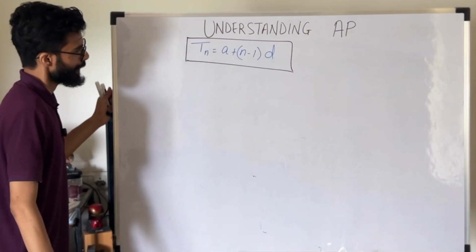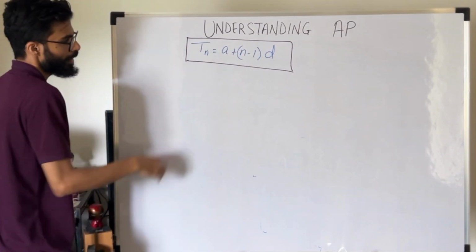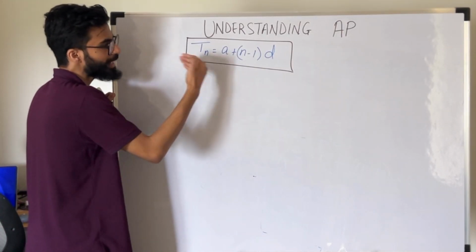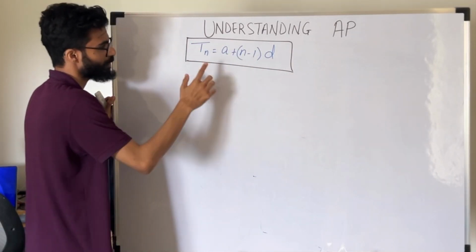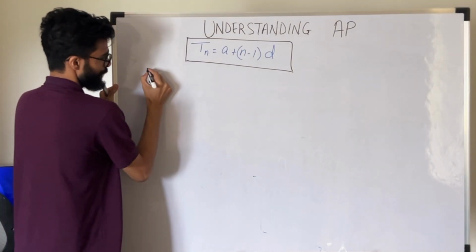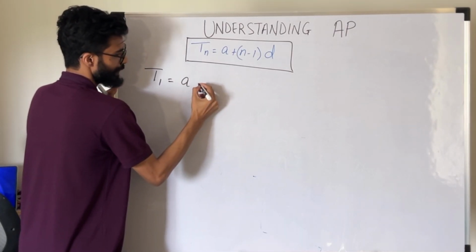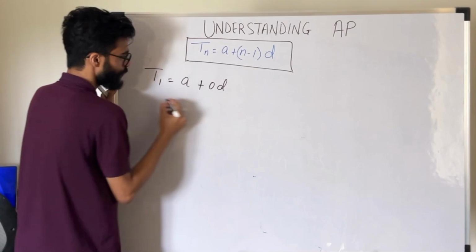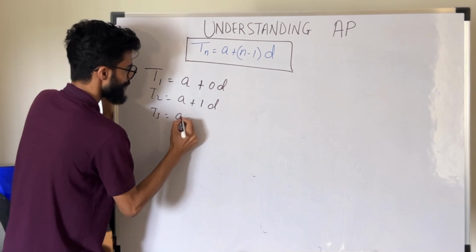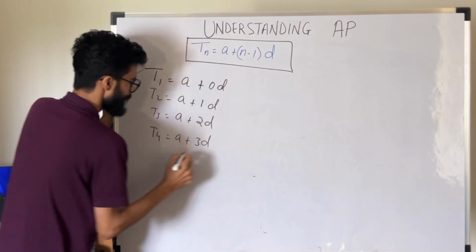So now, if I use this pattern of my general term, n equal to 1 will give me T1, n equal to 2 will give me T2, n equal to 7 will give me T7, and so on. So let's understand this pattern. If I put all the values of n here, I will get T1 as a plus 0d, T2 as a plus 1d, T3 as a plus 2d, T4 as a plus 3d.